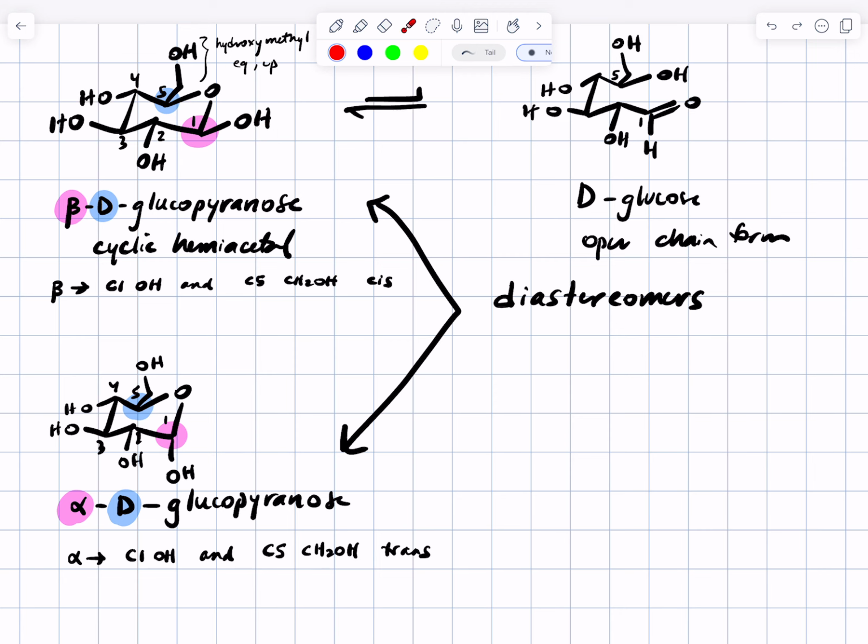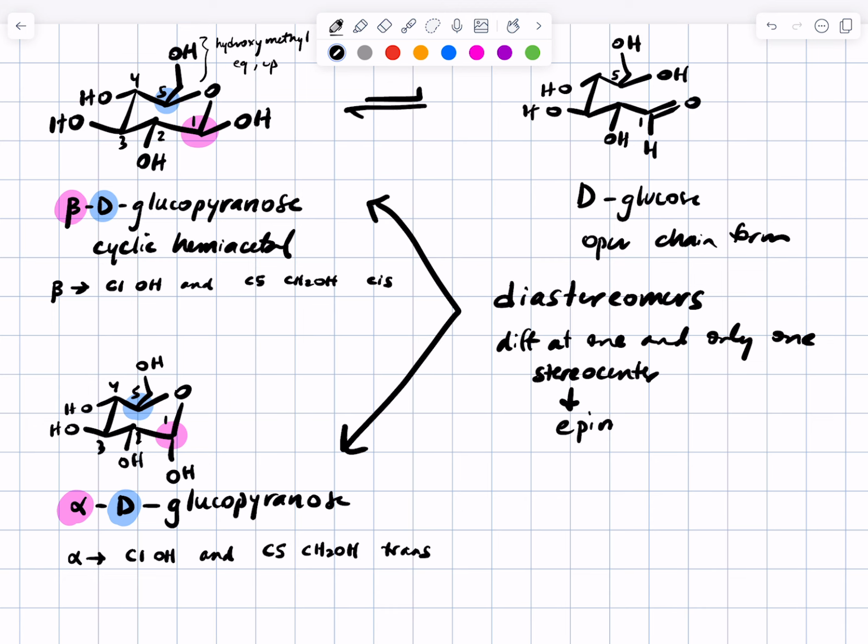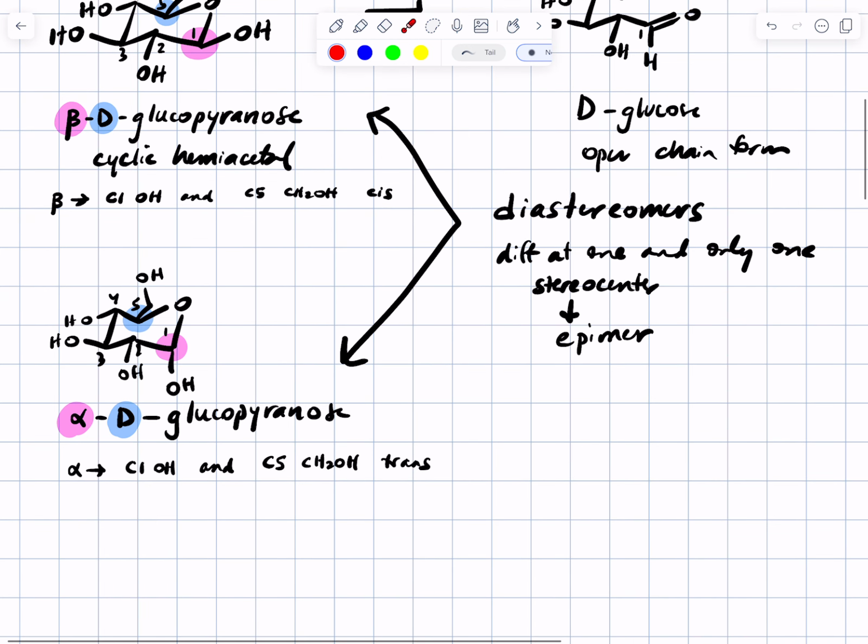A couple more terms. A diastereomer that differs at one and only one stereocenter, we have a couple of special terms for that. One is epimer. So the alpha and the beta diastereomers are C1 epimers of each other. They differ in stereochemistry at C1.